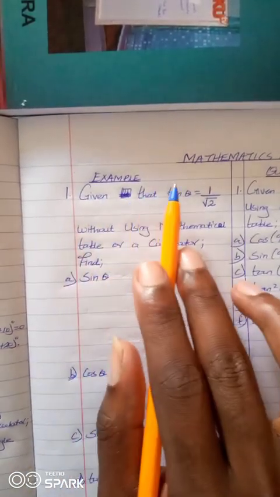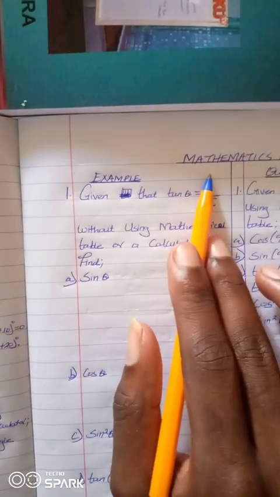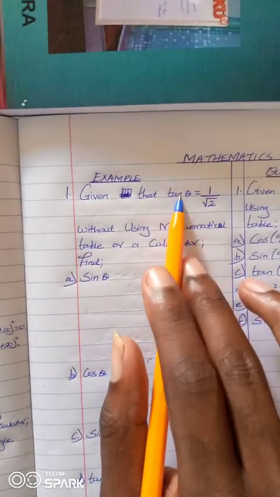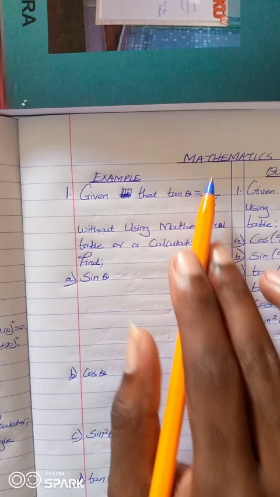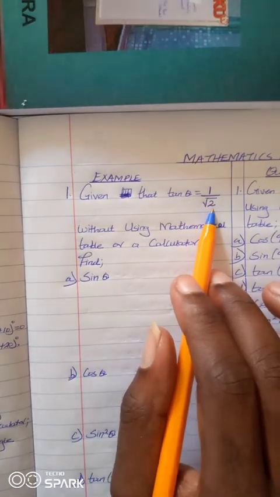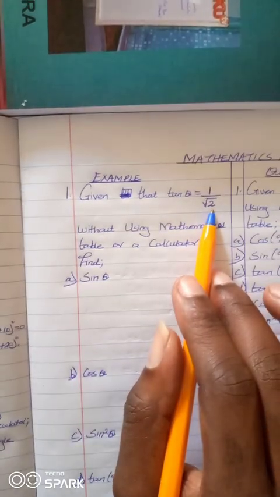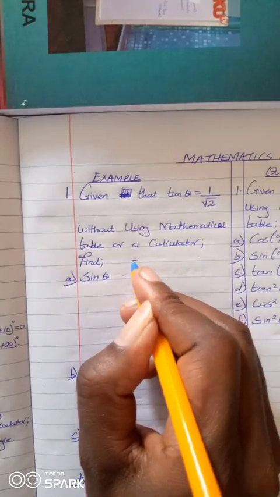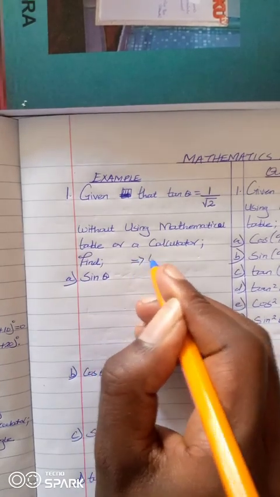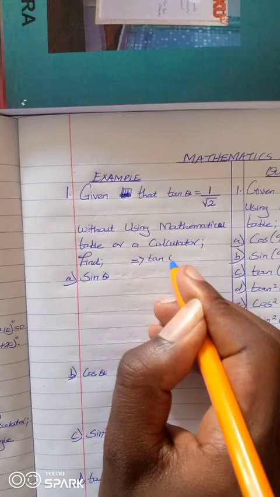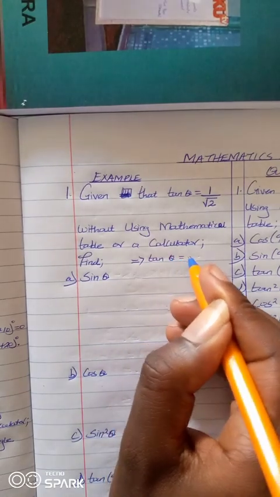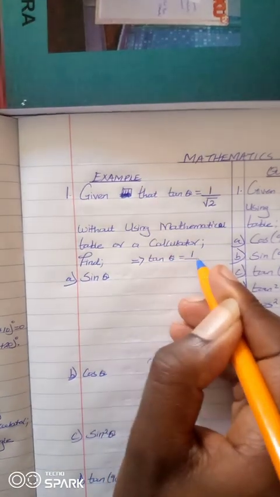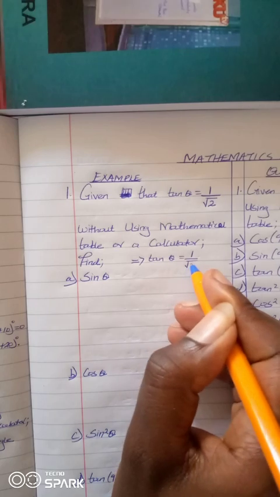Given that tan theta is equal to 1 over root 2, the first thing that you'll do is write tan theta is equal to 1 over root 2.